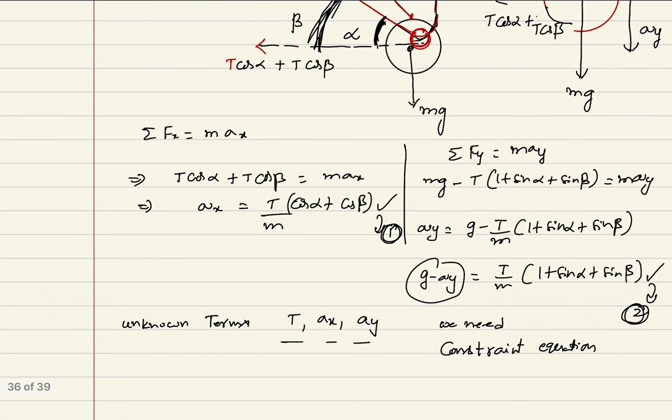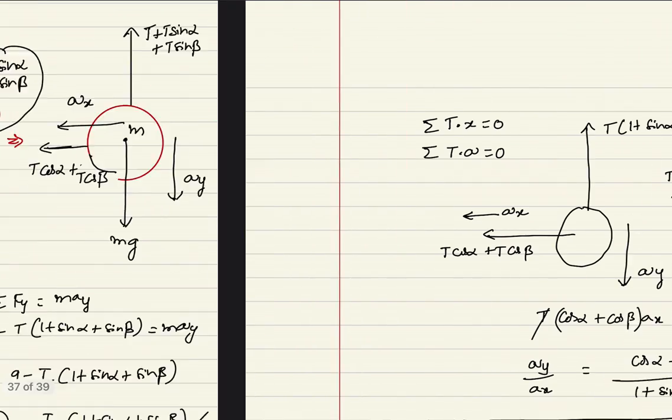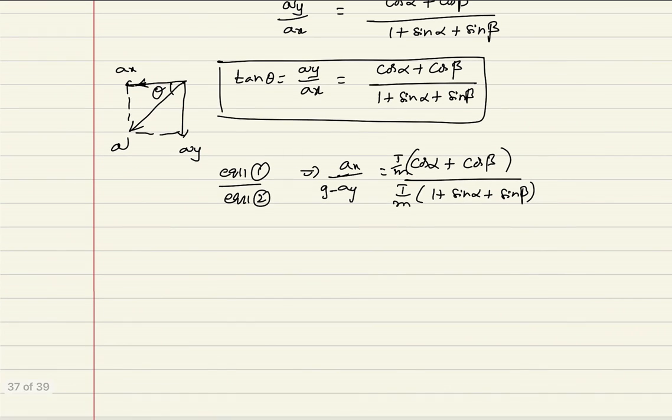If you want, you can see here again, equation 1 is T by m (cos alpha plus cos beta). Similarly, the second equation is g minus ay is equal to T by m (1 plus sin alpha plus sin beta). Now I am writing this as T by m and T by m, both T by m's get cancelled. So finally, what value will we get?